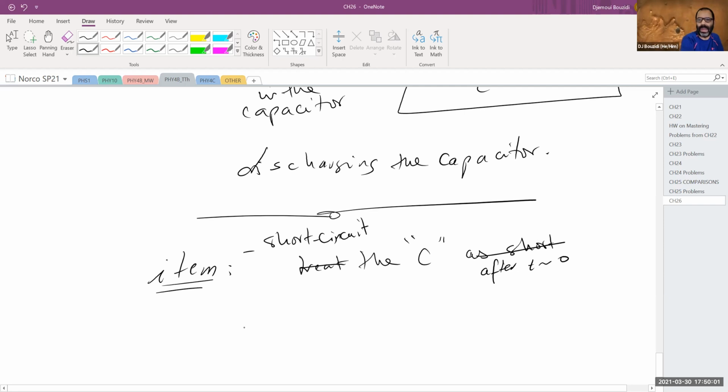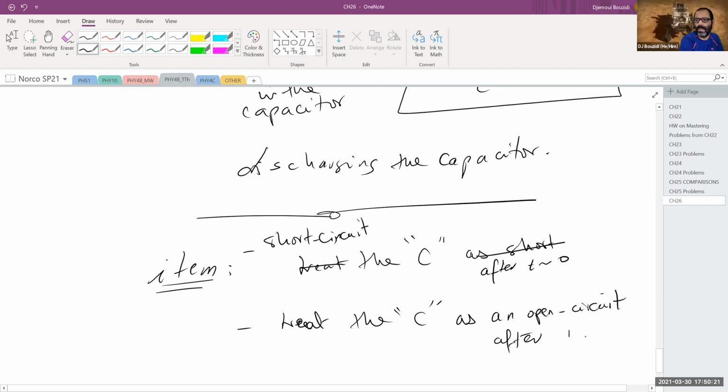Okay, and then treat the capacitor as an open circuit after a long time. So the keyword in here, immediately after. And in here, a long time.